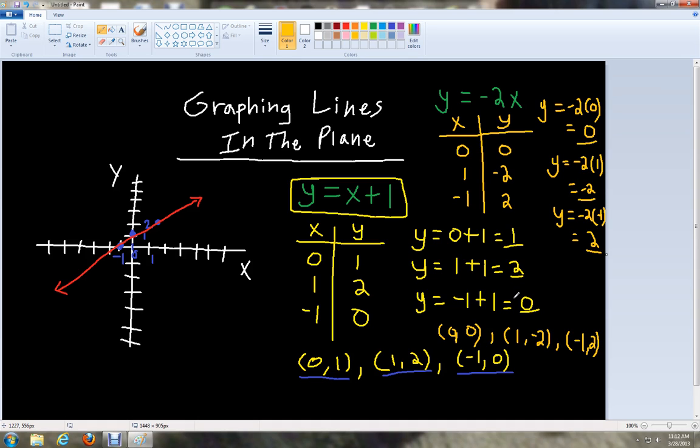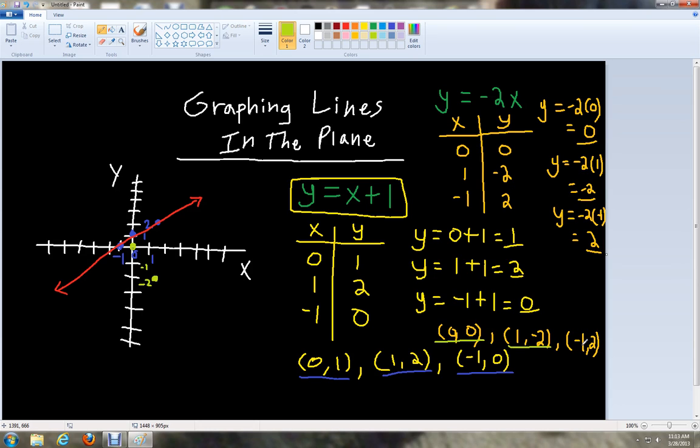We'll use a different color to plot this time, this light green. The ordered pair 0, 0 is just at the origin, so we can plot that point right here. Then 1, negative 2: we go 1 to the right and down 2, about right there.